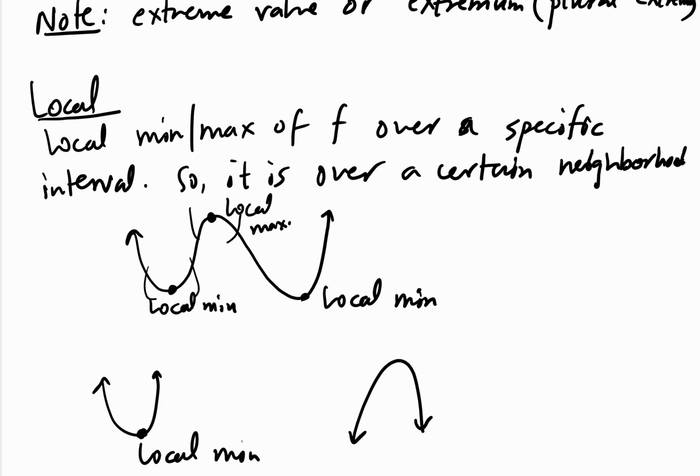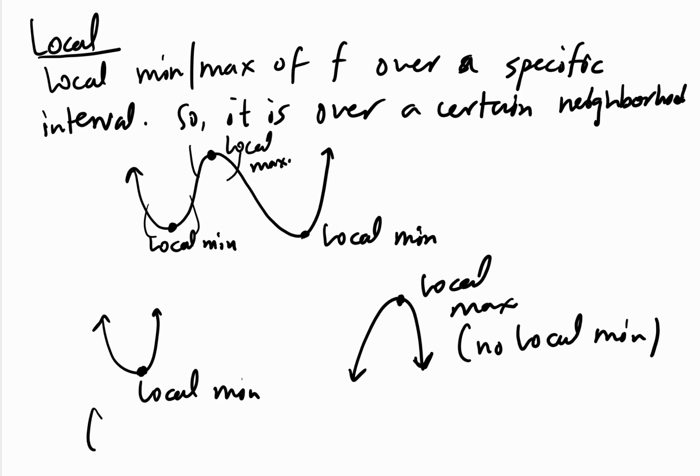Local max, they occur at the top. So in this case, for this second graph, there's no local min. There's only local max. For the first graph, no local max. Only local min for this specific graph.